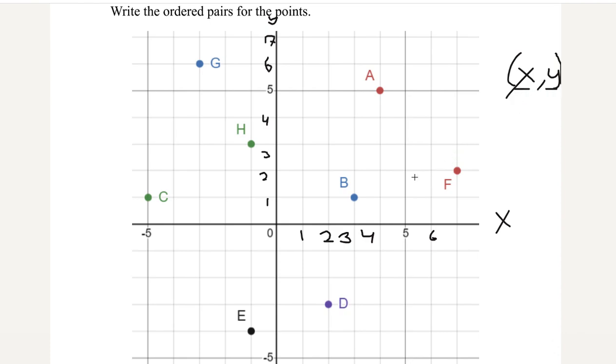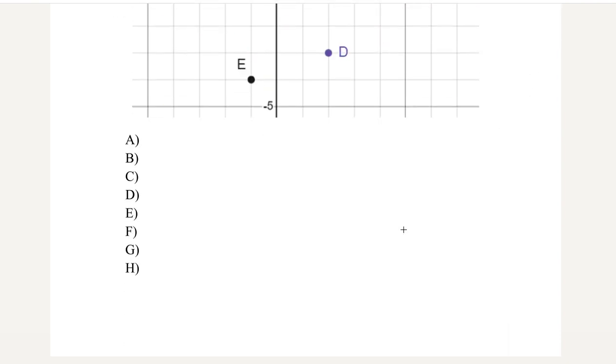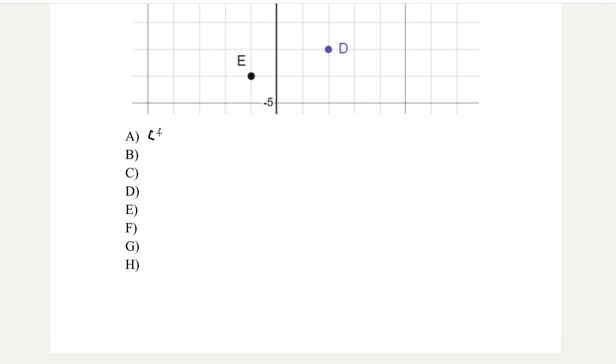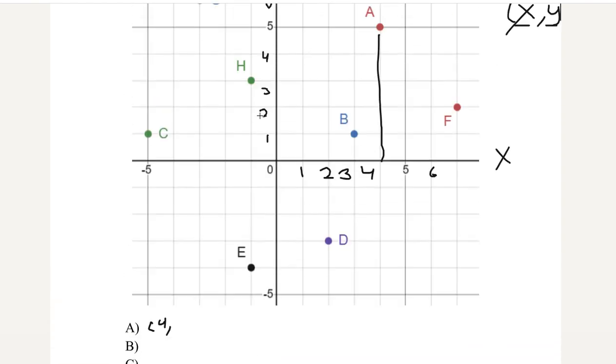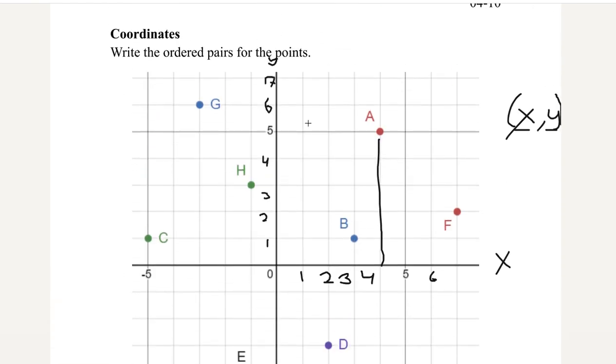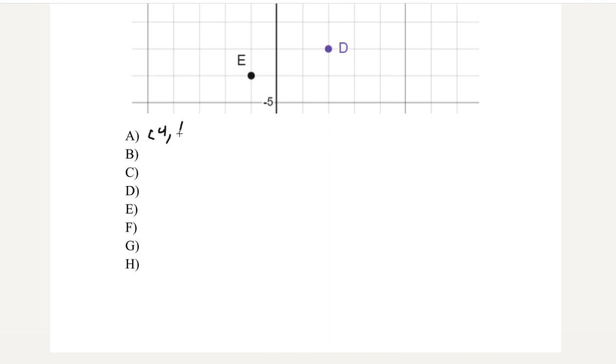So your x is always first. Let's find the x value of A. If you look straight down, it's at 4. So it's 4, comma, and then you look at your y value, so this would be 4, comma 5.